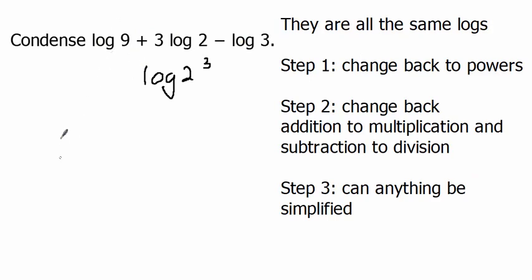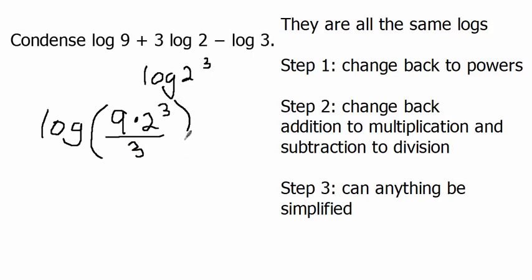So then if I want to put these all into one term, that's just a regular logarithm. 9 is going to go on top, plus becomes times 2 cubed, divided by 3 because that's subtraction. And in this case, I can do all of this, and I end up getting the log of 24.